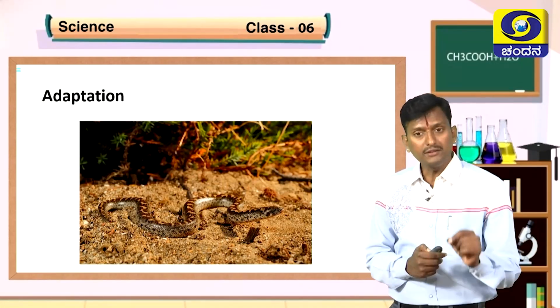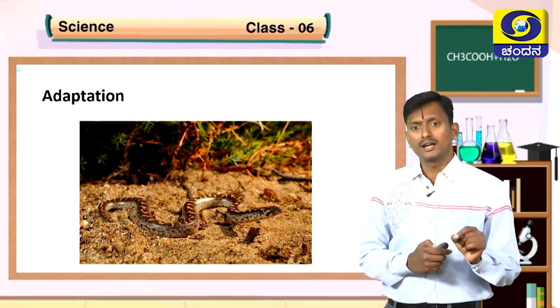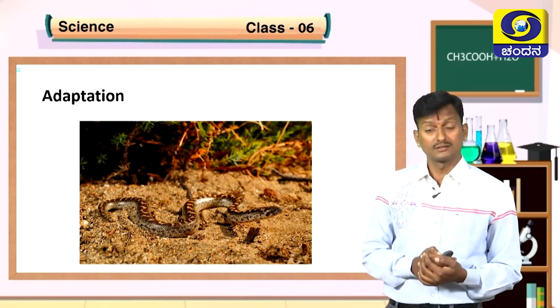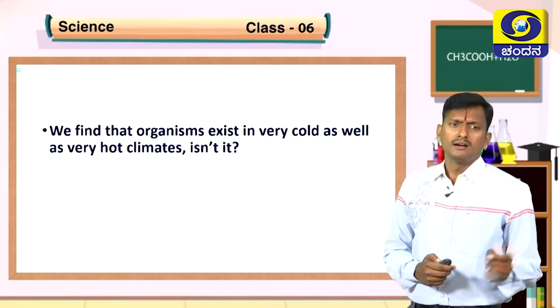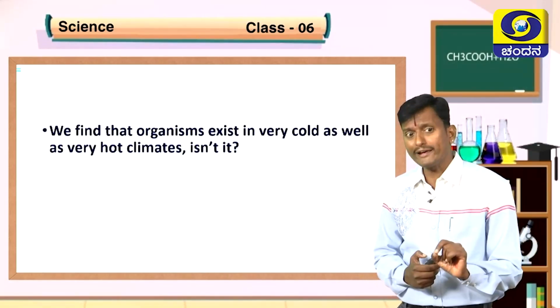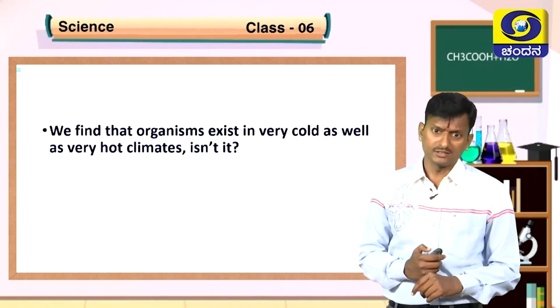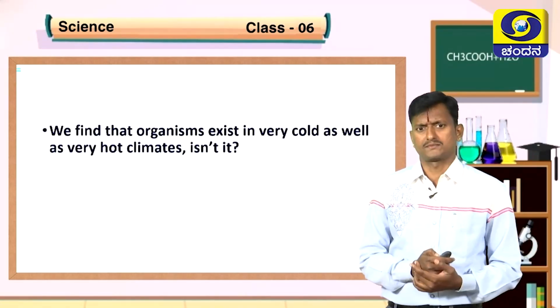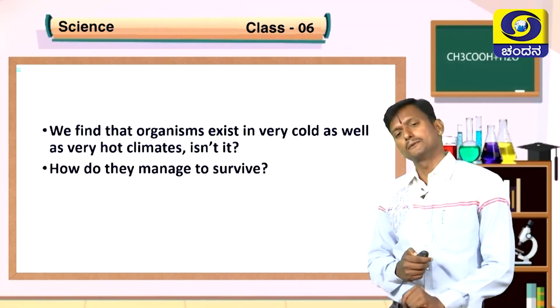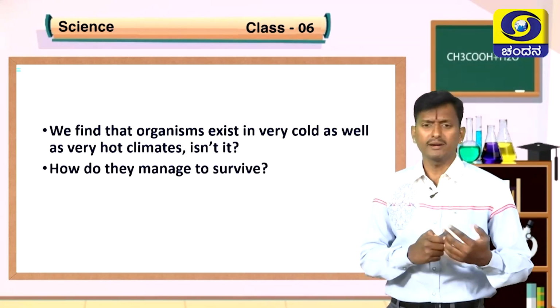You cannot identify a grasshopper on a green plant, isn't it? We find organisms exist in very cold as well as hot climates, isn't it? They can exist. How do they manage to survive? It's a question, no? How do they manage?